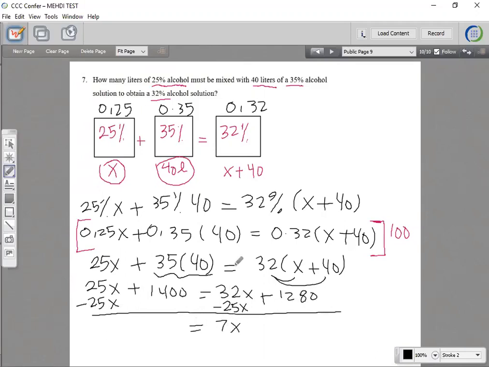Then I can go ahead and subtract 1280 from both sides of the equation. And subtract 1280 here. So all the numbers go to the left. So it would be 1400 minus 1280. They give me 120. 120 is equal to 7x. Divide both sides by 7. What is x equal to?